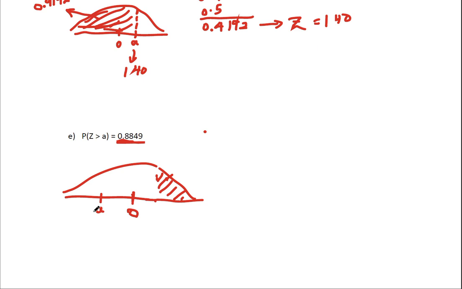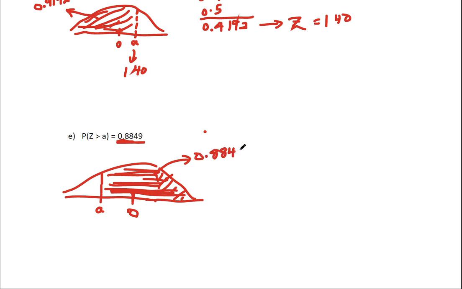So A is going to be a negative value, and the area to the right of it would be this entire area, which has a probability of 0.8849.